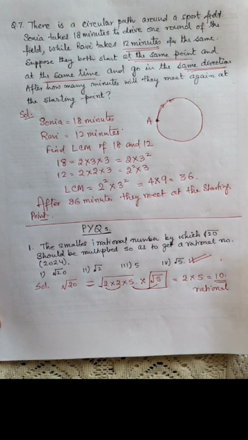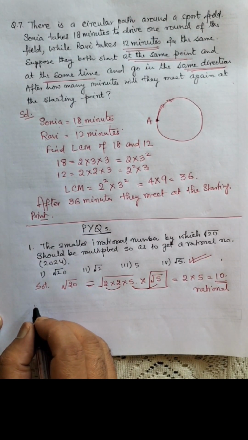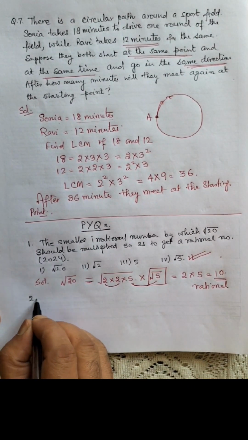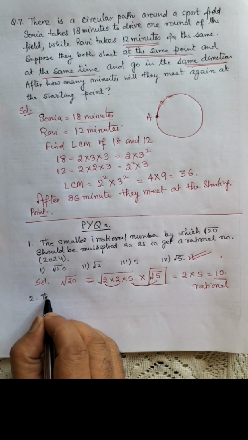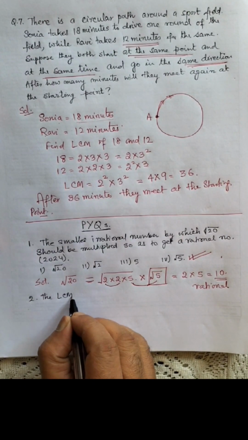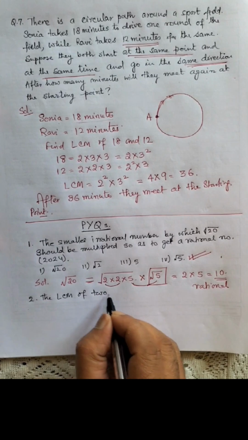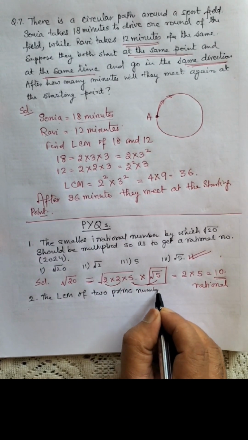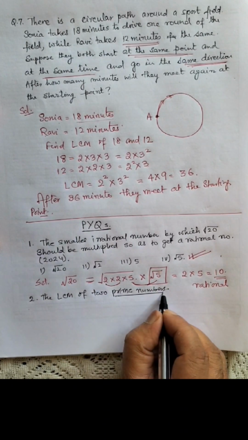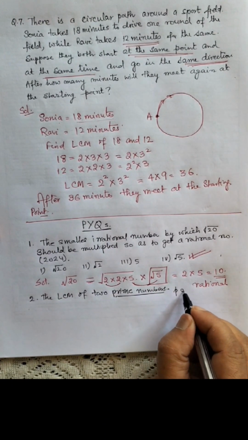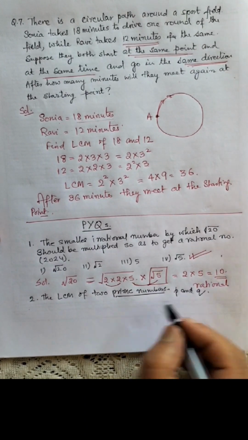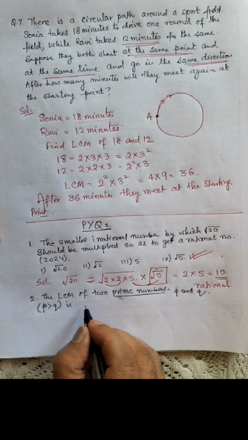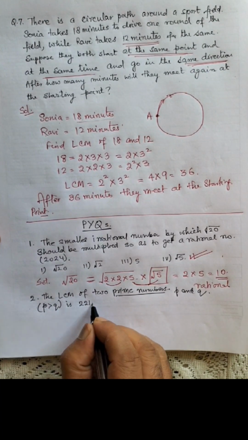Let's see another question. Question number 2. The LCM of two prime numbers, remember, he is talking about prime numbers, P and Q, where P is greater than Q, is 221.